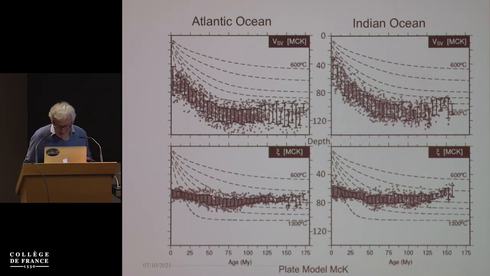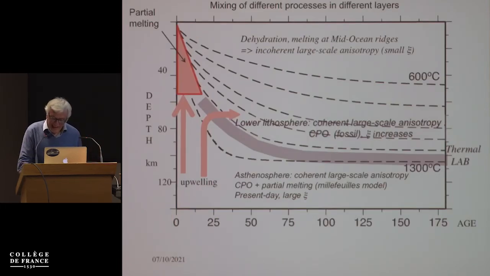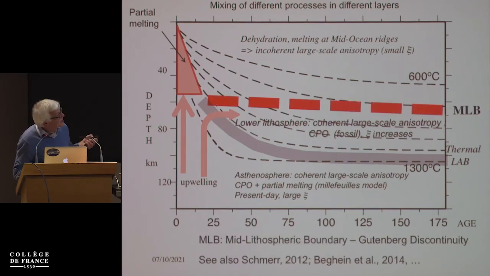And so, of course, I am not a geologist, and so I don't know how to explain this data, but people say that we have a difference between the 50 or 60 kilometers of mid-ocean ridges where you have melting, and this discontinuity might be some kind of inherited boundary due to what happened below mid-ocean ridges.